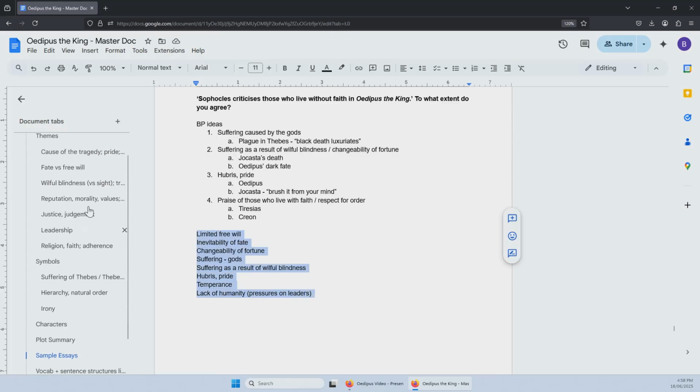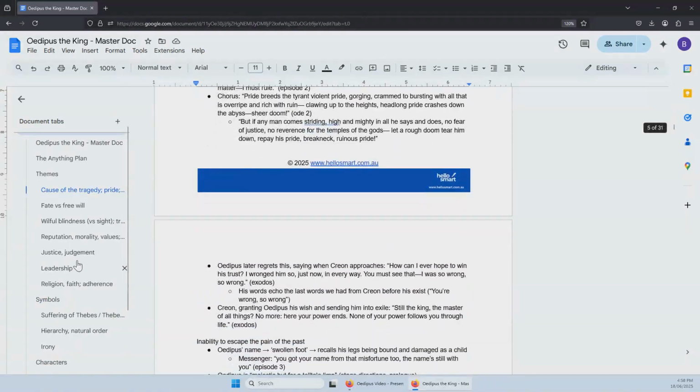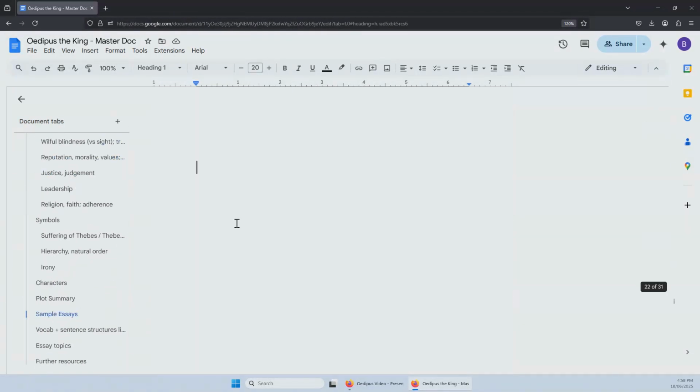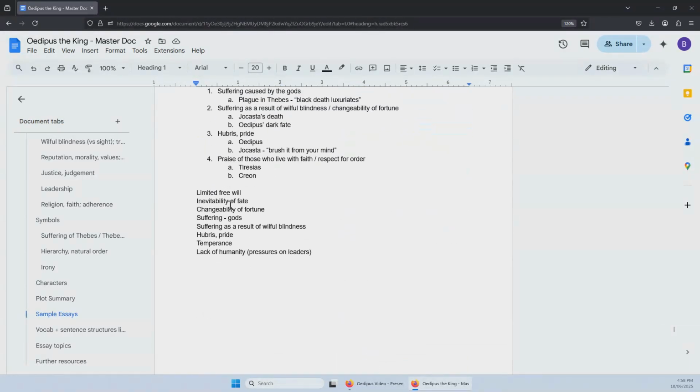So there's a couple of other ideas which are gone through in here in a bit more detail. All these sections also have detailed quotes for all of these different points that you might want to make. But for our purposes today, we'll just leave it here with our sample arguments.